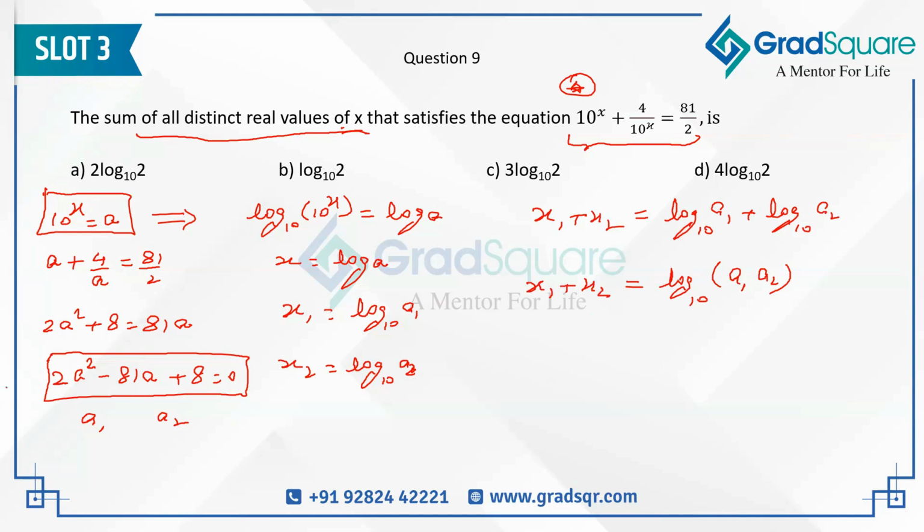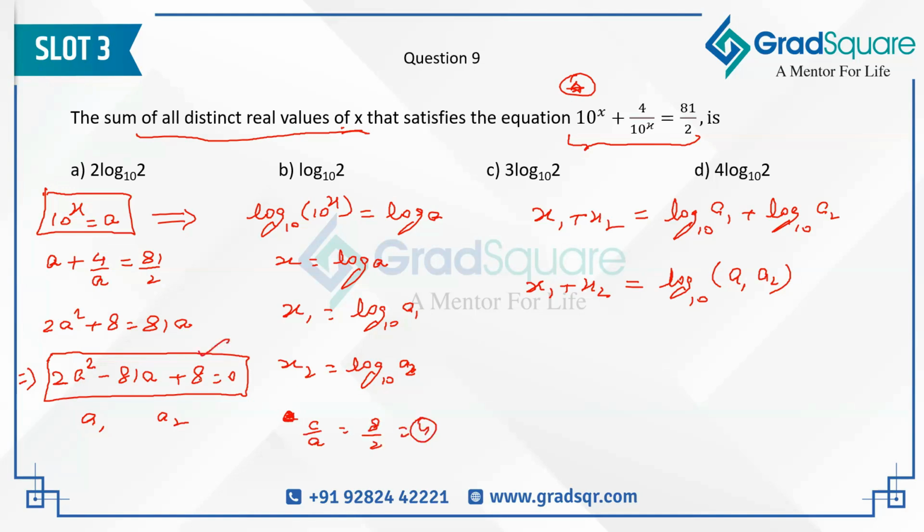Can I look at this equation and simply find the product a1 into a2? For a quadratic equation of the format ax square plus bx plus c equals 0, the product of the roots is c by a. So in this case, c by a will turn out to be 8 by 2, which is 4.